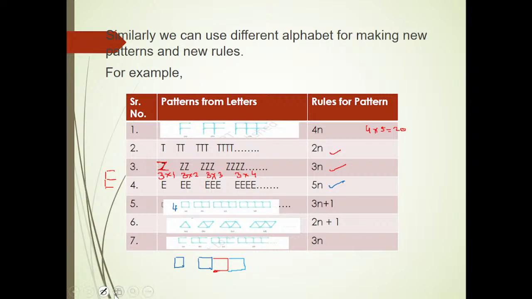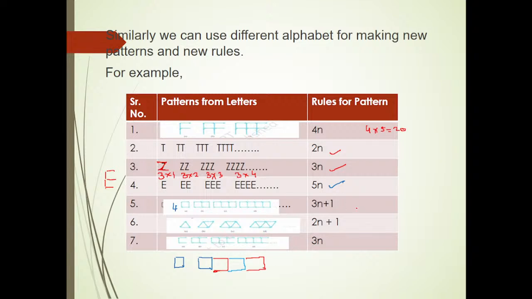This is a different kind than what we learned before. So for whatever number it is, for the first one it will be 4, and for the next, the rule is 3n plus 1. For 2 squares, how many did we get? 4 plus 3, 7.